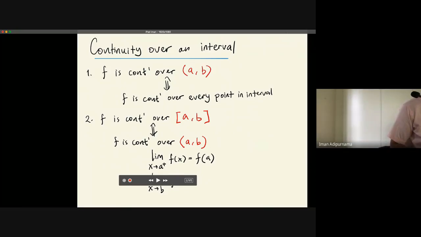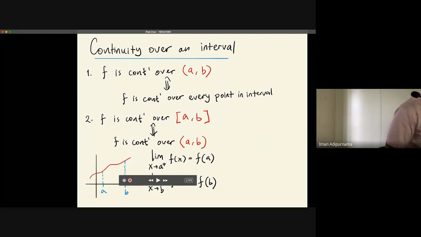So what does it mean? If it is just an open interval, then you just say that every point over that interval is continuous.